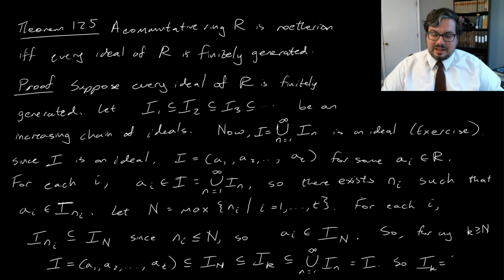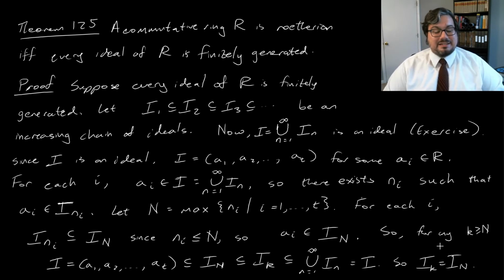So that means that IK has to equal IN. Since this holds for any k greater than or equal to N, it means that the chain of ideals stabilizes, and therefore the ring R is Noetherian.